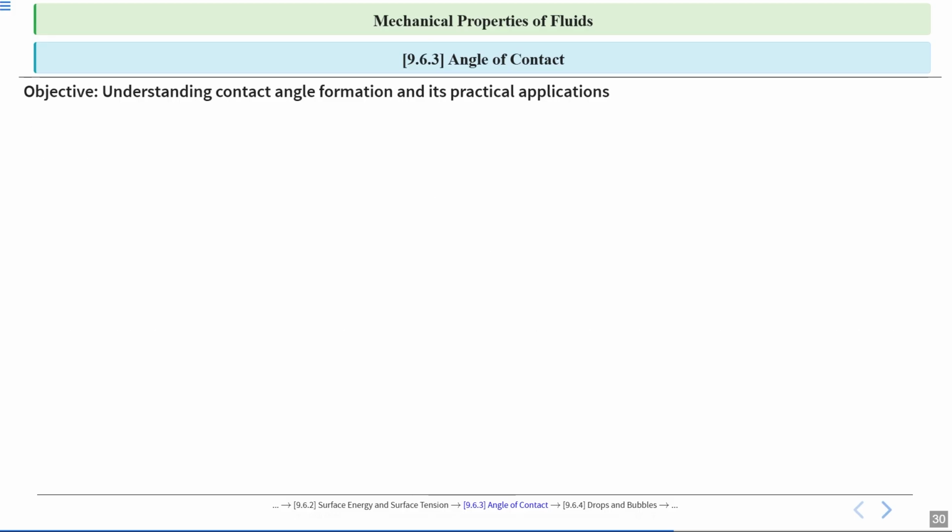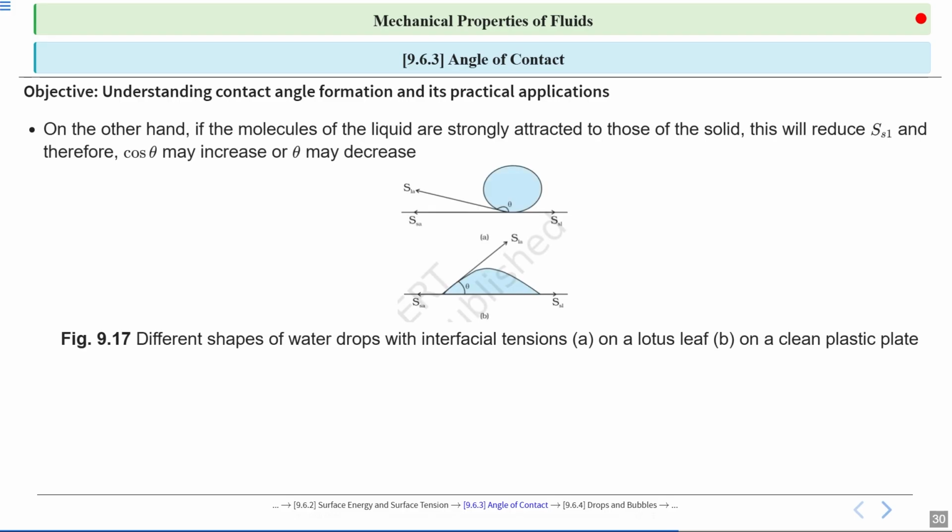Now, let's look at what happens when the molecules of the liquid are strongly attached to the molecules of the solid. This strong attraction lowers the solid-liquid surface tension, which we call SSL.